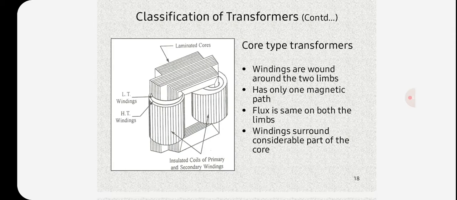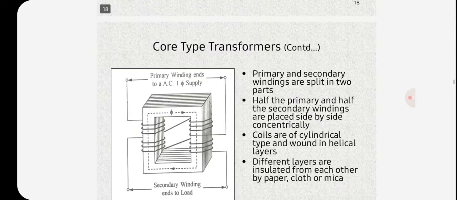Windings are wound around the two limbs. It has only one magnetic path. Flux is the same on both the limbs. Windings surround a considerable part of the core.